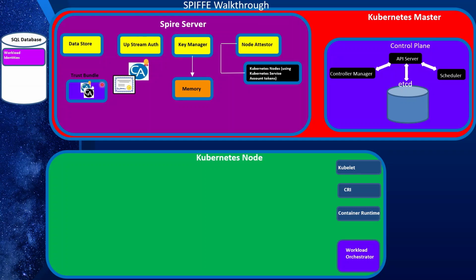A trust bundle, again, is a collection of the security domains that it trusts. Obviously, it trusts itself, and if we set up a trust relationship with another SPIFFE environment, those will be included here. Basically, these are public certificates that we can get from other environments as well. This will be sent to the agents and also to workloads, and workloads can use this bundle when they're doing mutual authentication.